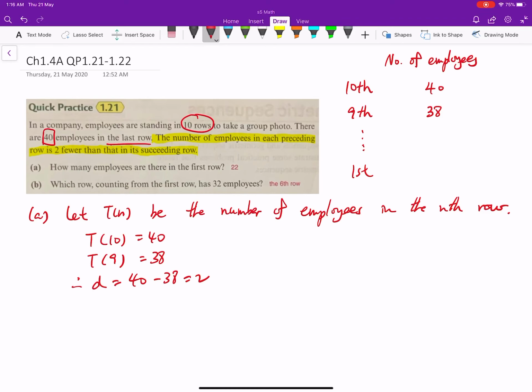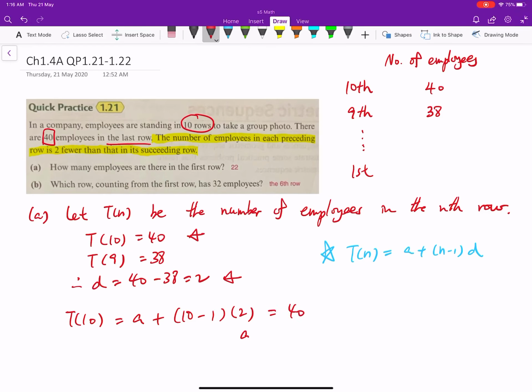And now with these two pieces of information, actually we can find the first term. Okay, so let me remind you once again the formula. Tn is a plus (n minus 1)d. So T10 will be a plus (n minus 1)d, which is 40.